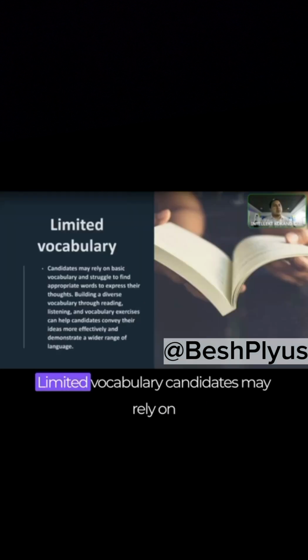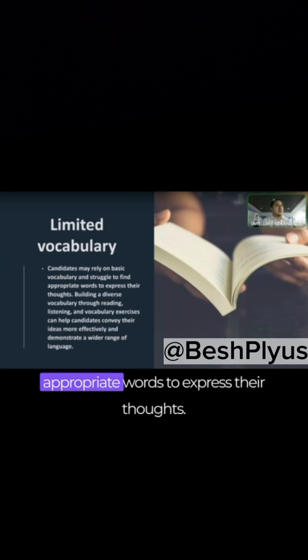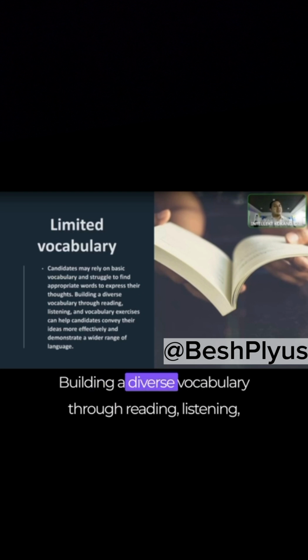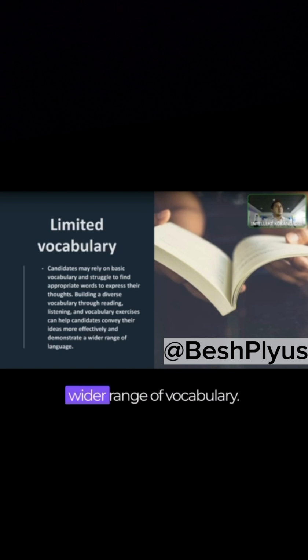Number 3, limited vocabulary. Candidates may rely on basic vocabulary or struggle to find appropriate words to express their thoughts. Building a diverse vocabulary through reading, listening, and vocabulary exercises can help candidates convey their ideas more effectively and demonstrate a wider range of vocabulary.